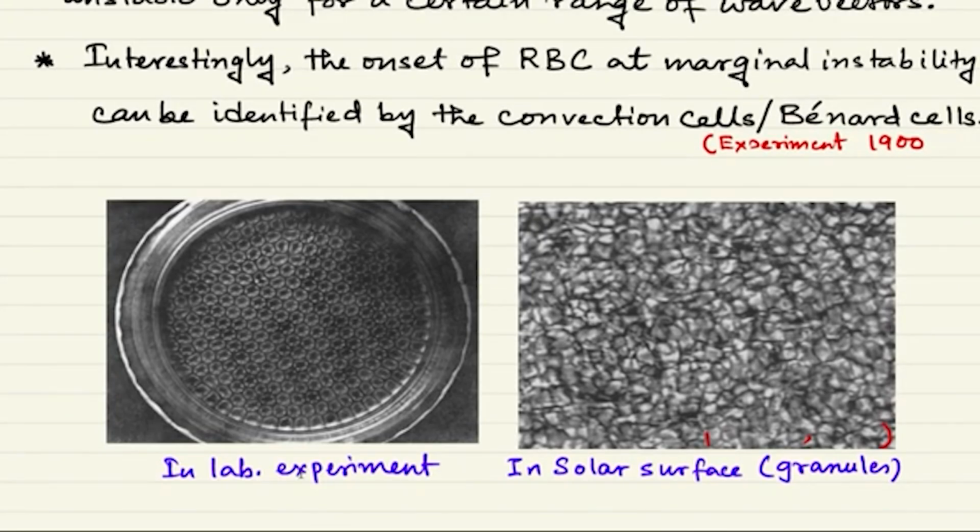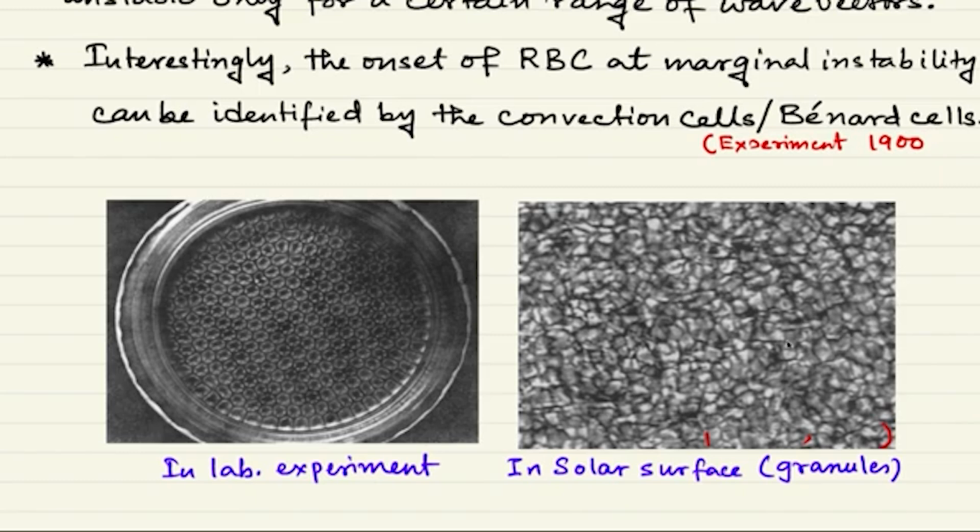You can find very beautiful pictures on the internet, but here I am showing you the appearance of these almost hexagonal Benard cells in a lab experiment of Rayleigh Benard convection.